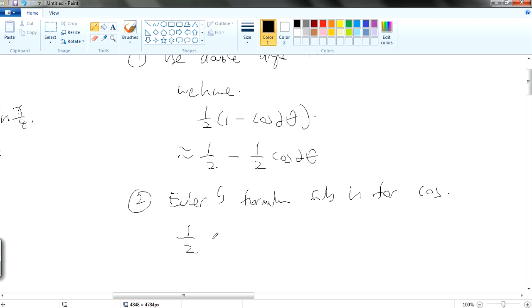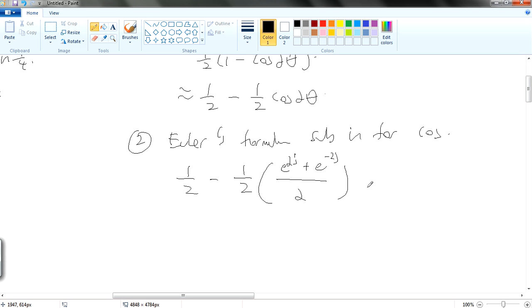We will have 1 minus half, and then this whole chunk is 2t, whatever, so you will have e^(2j) plus e^(-2j), over 2, right?